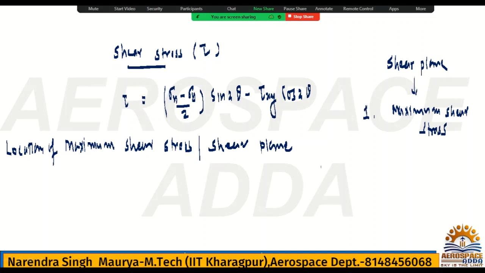That is point number 1. Point number 2 for the shear plane is the angle between any principal plane and the nearest shear plane is 45 degrees.